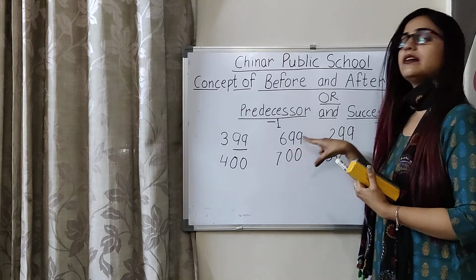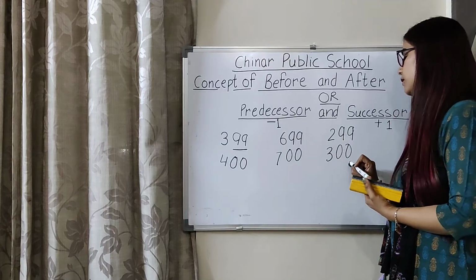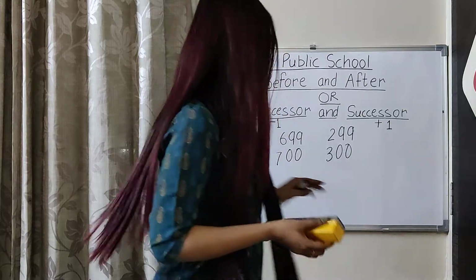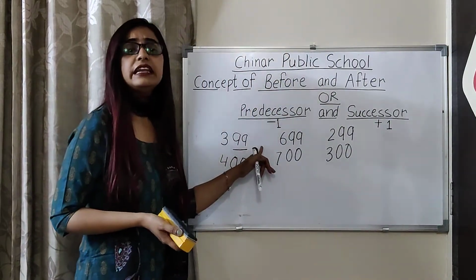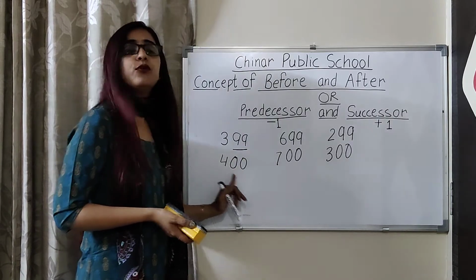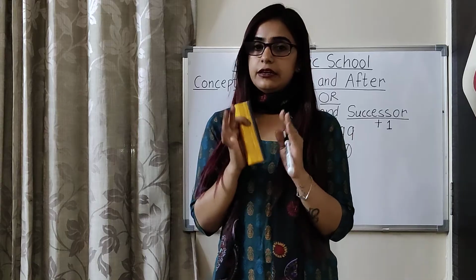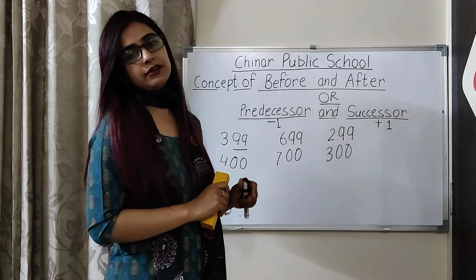It will be 699. And what will be before 300? It will be 299. So these are the only numbers with 99, 399, 400. Only these are the numbers with which you can get confused. So पहले आपको इसके साथ में बहुत अच्छे से practice करना है.